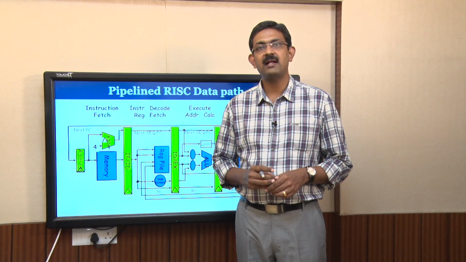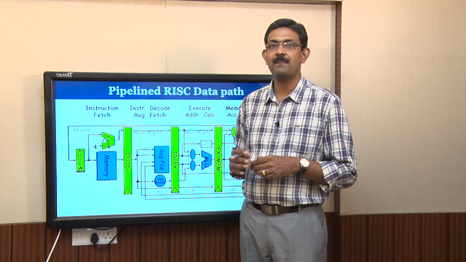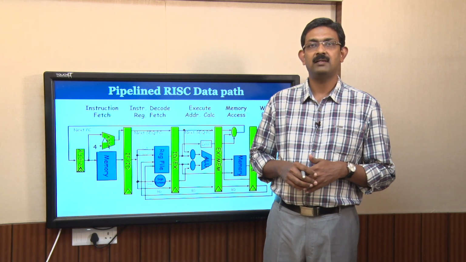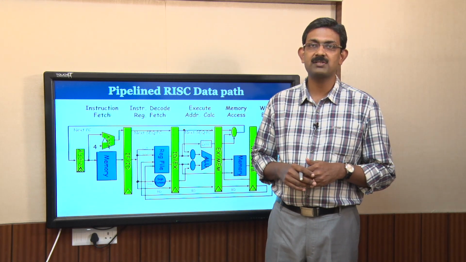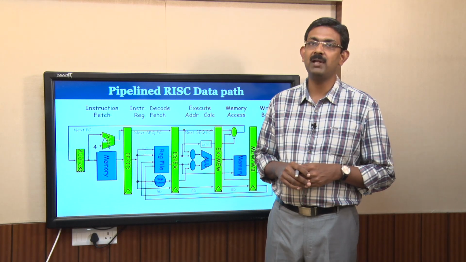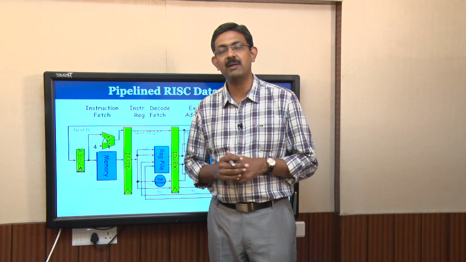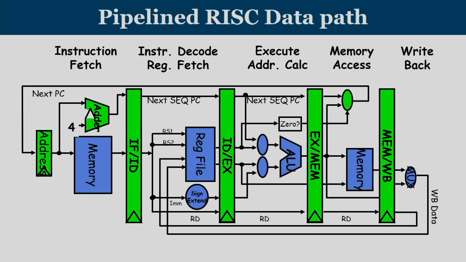The basic assumption that drives this 5-stage pipeline operation is that we need only one clock cycle to complete each of these pipeline stages, whether it is instruction fetch or a decode operation, or an execute operation or mem operation or write back operation. We assume that the operation gets over in one clock cycle.